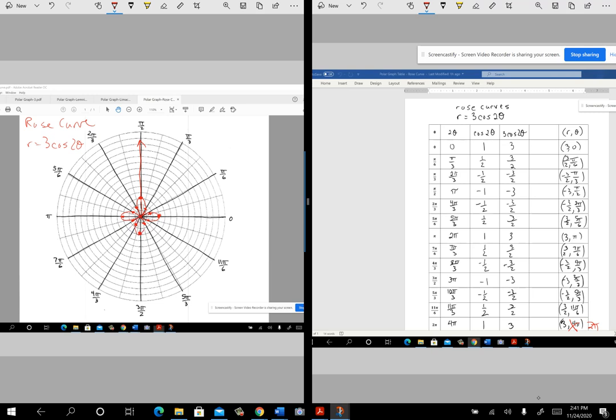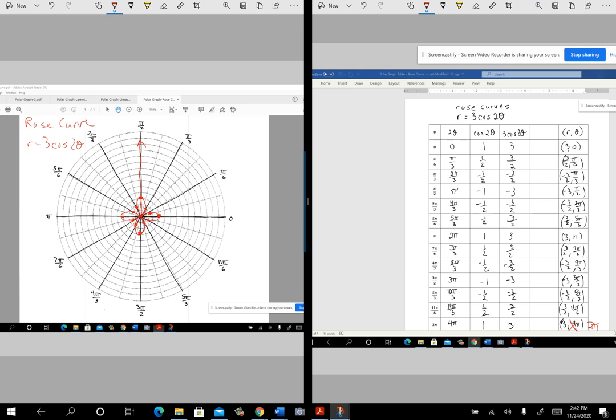There we go. And so the 3 has to do with how long the petal is. And then when you have a 2 theta on that, that can give you some information about what to expect as well. So if you'll look in that section 7.4, you can get some good information about that.